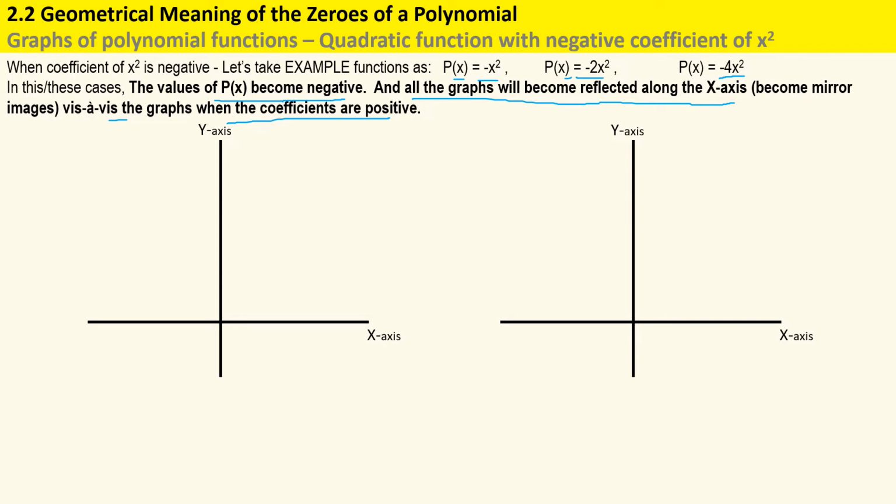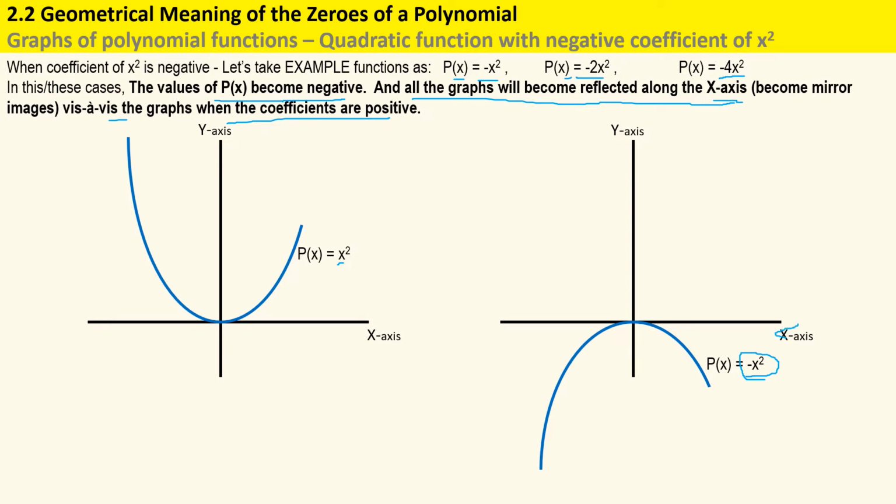Let's plot p = x square, and let's also plot p = -x square. So here you see, as we were talking about, along the x-axis, the two functions are mirror images of each other.